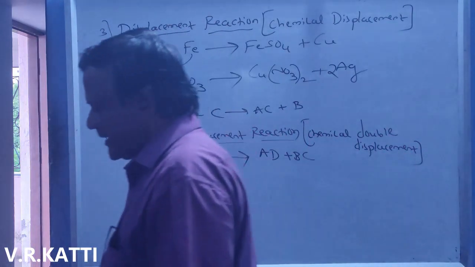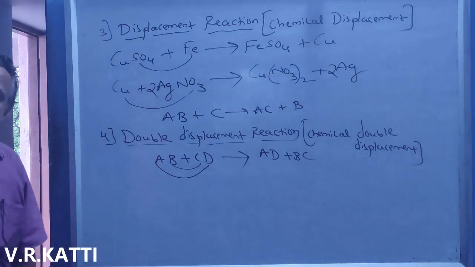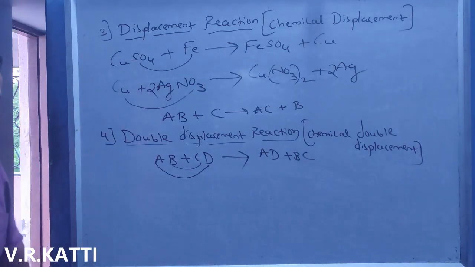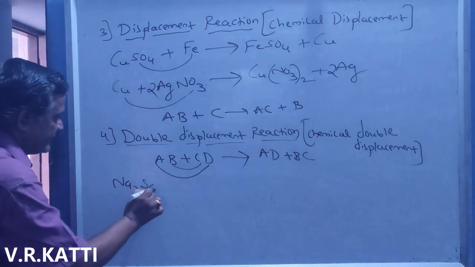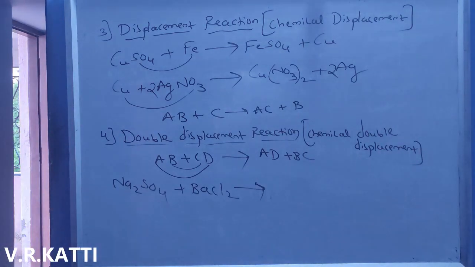Now let us take a double displacement example. Students, sodium sulfate Na2SO4 plus barium chloride BaCl2.